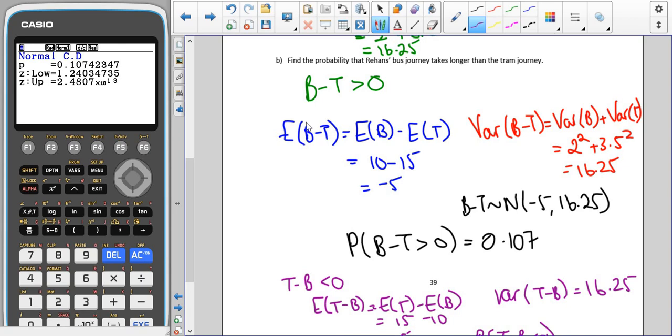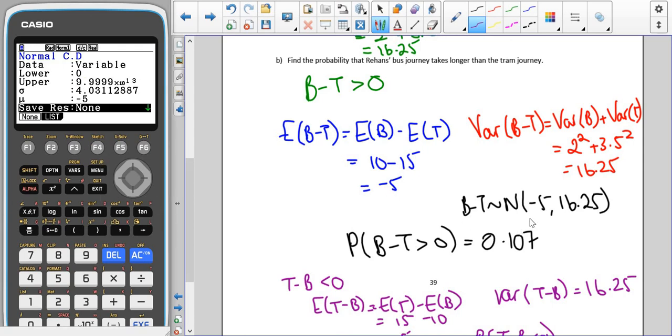You keep the methods the same. So if we're adding these two sets of data together, then we are adding their variances together. If we're taking these two sets of data away from each other, then we are still adding the variances, which gives us 16.25.